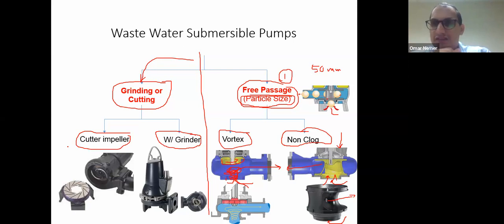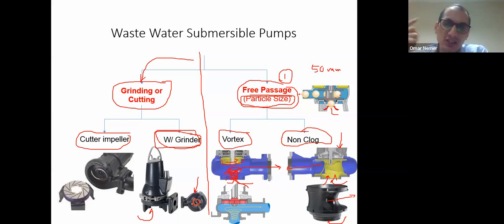But what's the difference? The first type, the submersible pump with grinder, if we look from the bottom, we will see this. This is the bottom view of the same pump. You can see prior to the inlet there is a knife, cutting edges. This rotates because it's connected to the shaft.